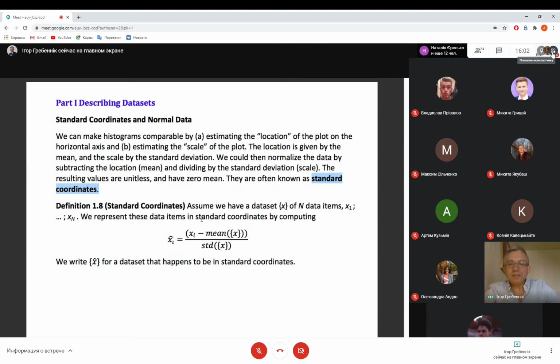A very simple expression allows us to construct a normalized or standardized data set: from each element of the data set we subtract the mean and divide by the standard deviation. As a result, we have the data set represented in standard coordinates.